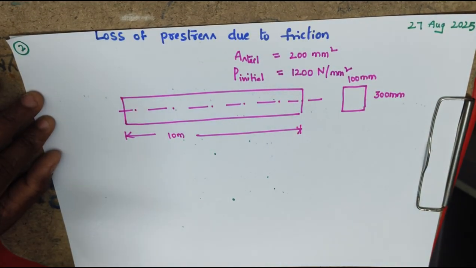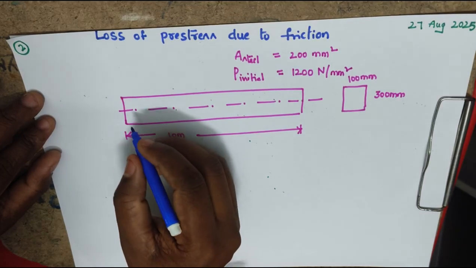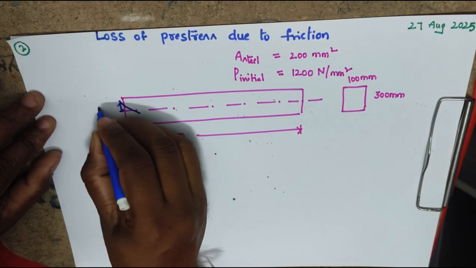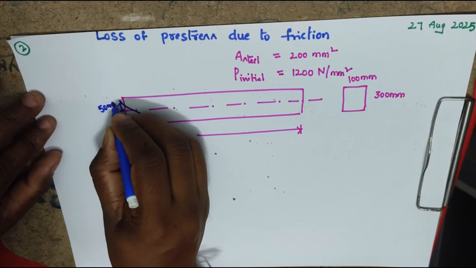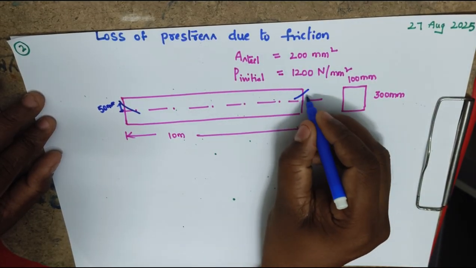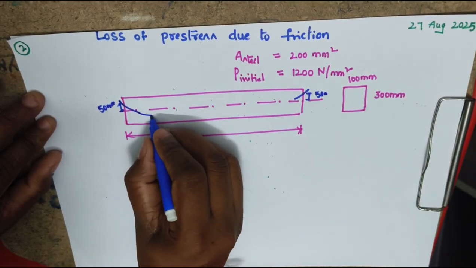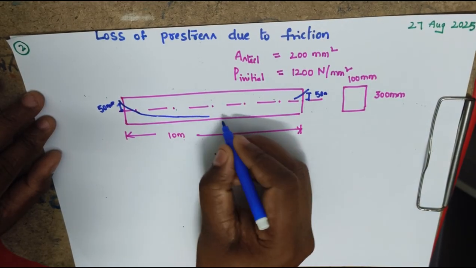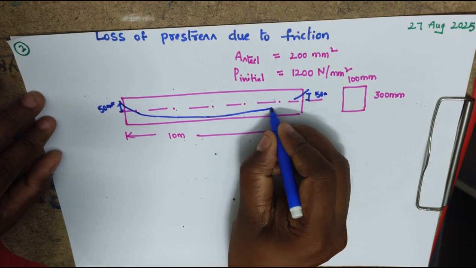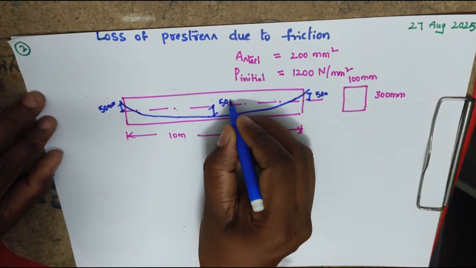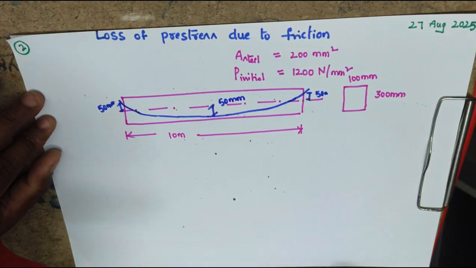Cable 1 is maintaining an eccentricity of 50 at supports and 50 below the central axis at center. This is cable 1.